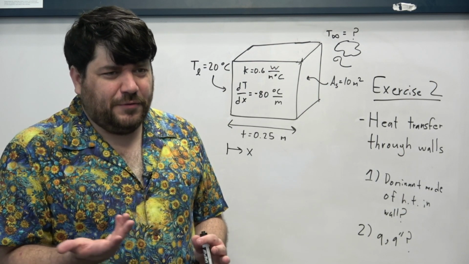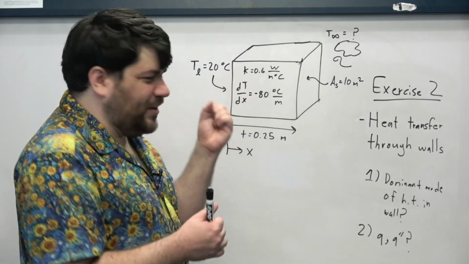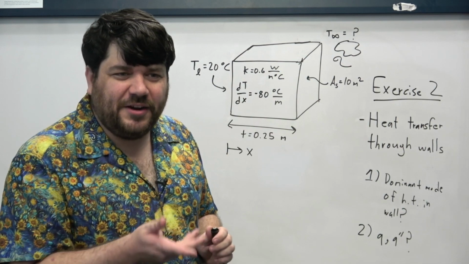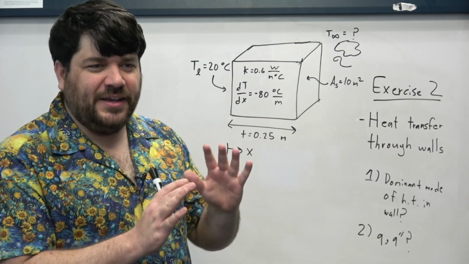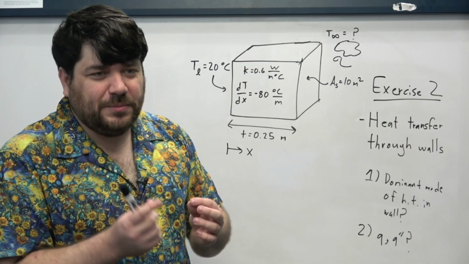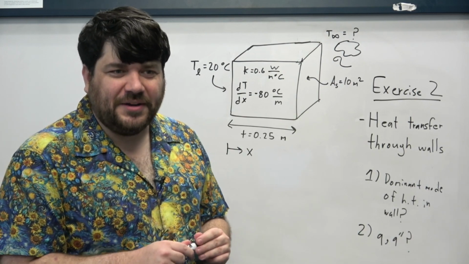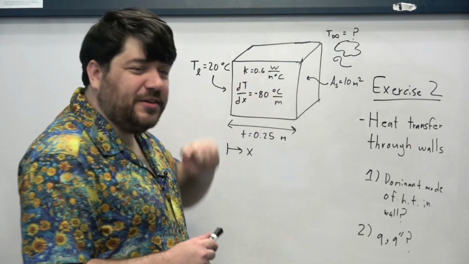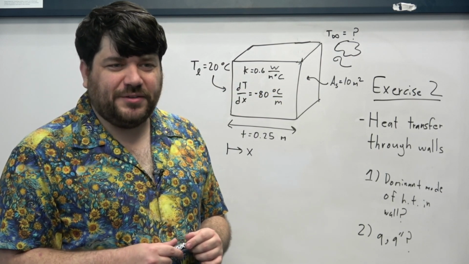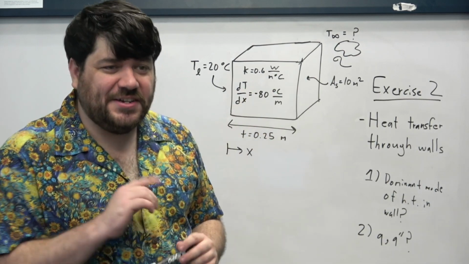And so if we consider what our test system, the point of brick inside of it, is surrounded by, it's just more solid. So we've got heat transfer that's occurring between multiple different pieces of brick inside of this wall. And so as a result, the dominant mode of heat transfer that happens in the wall is conduction.